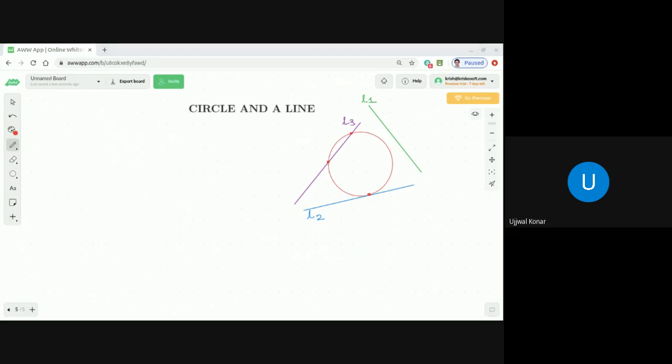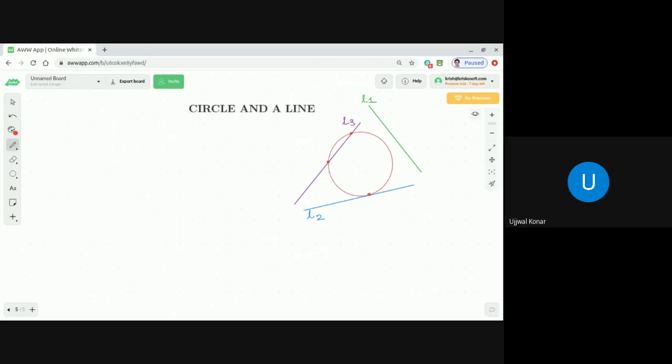To have this discussion, what we are going to do, dear students, is that for ease of calculation, let's take the circle with center at the origin. You may think, no sir, it may not always be possible for the circle to be at the origin. No, not a big deal. We can shift the origin, because we know how translation happens.